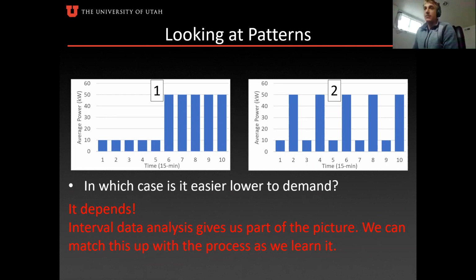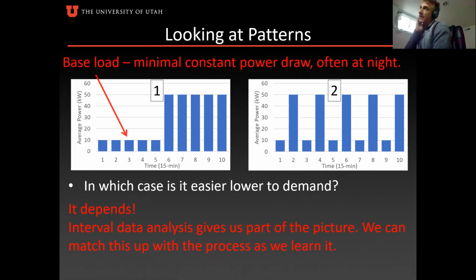We want to match this up with the process, but just by looking at it, you can start looking at some patterns. And there's one other idea I want to point out, and that's base load. So base load is kind of the minimum constant power draw that a facility experiences. Often this is at night when they're not running everything.